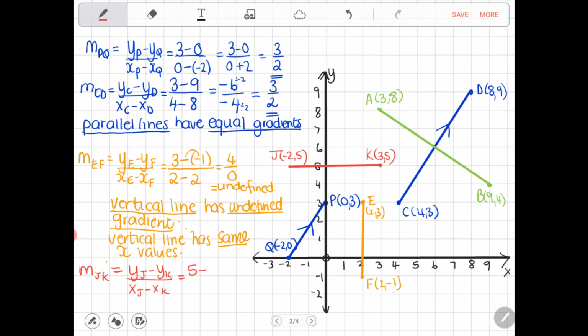The y at K is 5. The x at J is -2. The x at K is +3. So that's 0 over -5, which is 0. So a horizontal line has a 0 gradient.